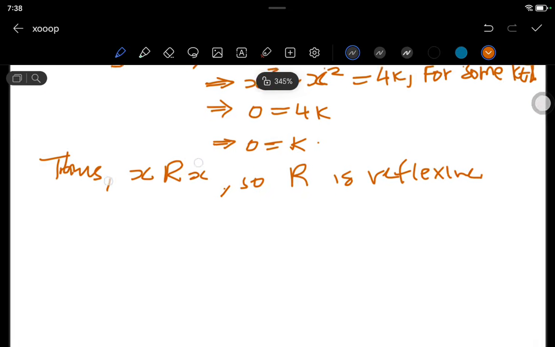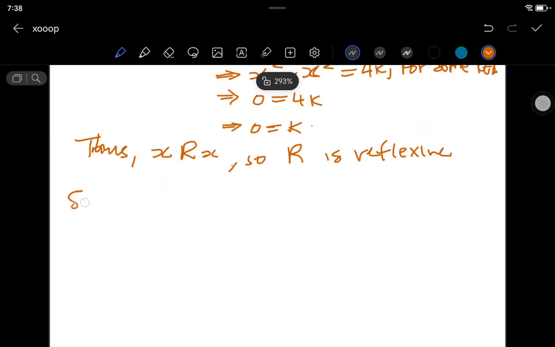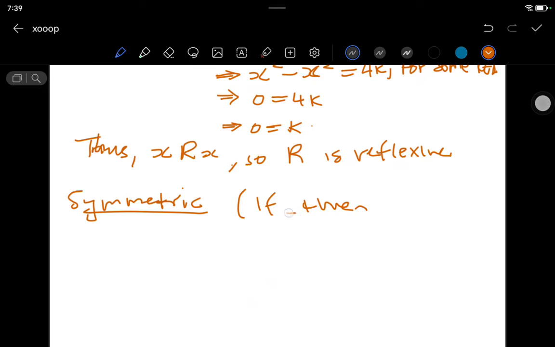Now we come to symmetric. Remember, symmetric is in the form of if, then. If x is related to y, then y is related to x, meaning we must assume the hypothesis.